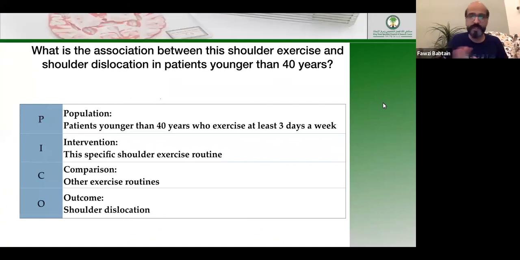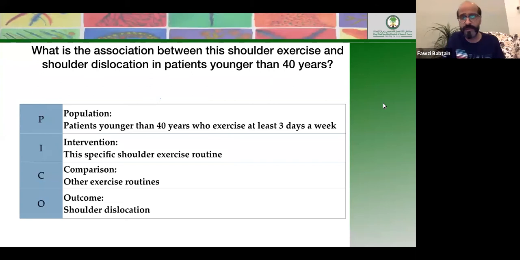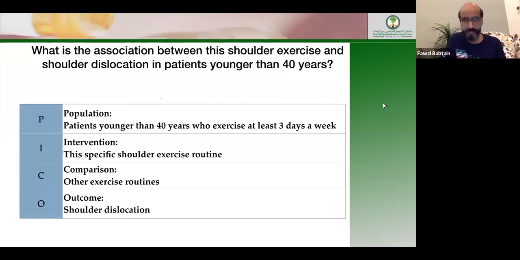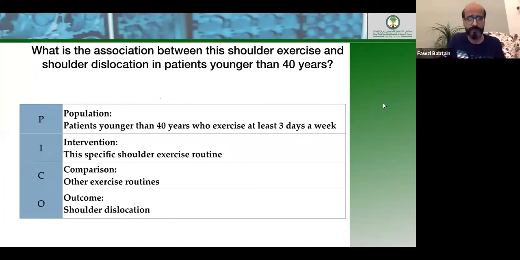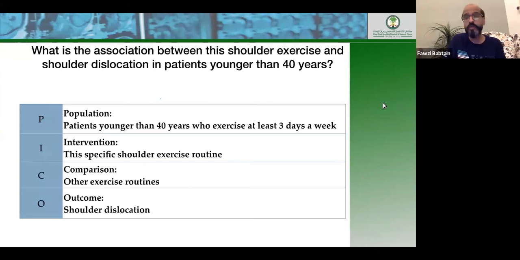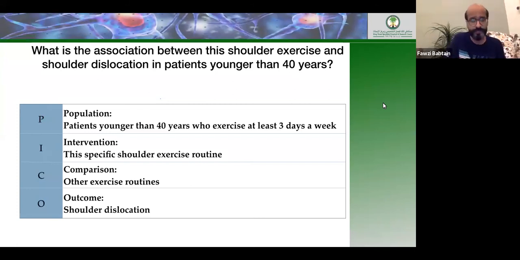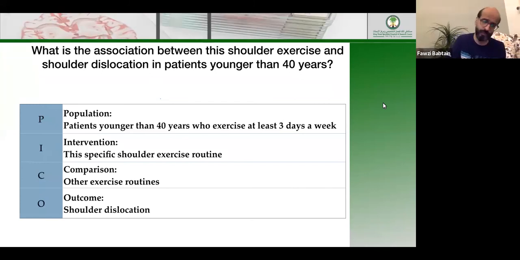So that's why I need a minimum of 3 days a week gym in order to enroll them in my study. The intervention or the exposure is that specific particular new routine that I thought maybe it is associated. My comparison group is those who had different routines other than this new shoulder technique, shoulder exercise. And my outcome is a shoulder dislocation.